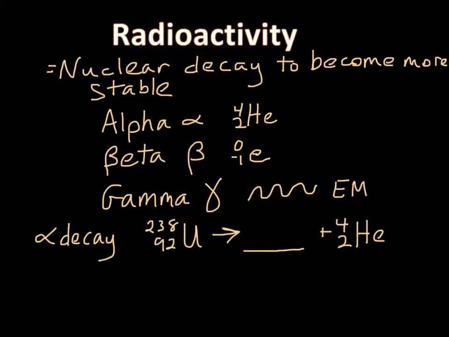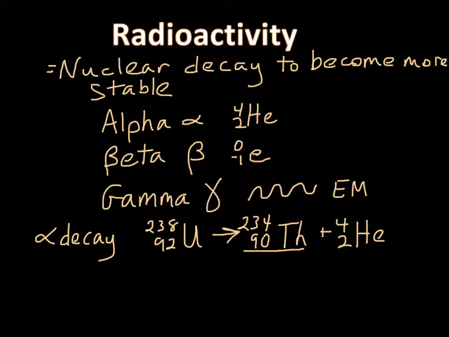What plus 2 equals 92? That would be a 90. What plus 4 equals 238? That would be 234. And then we look up element number 90 on the periodic table to find that it is Th. And that would be a nuclear equation for the alpha decay of uranium-238.